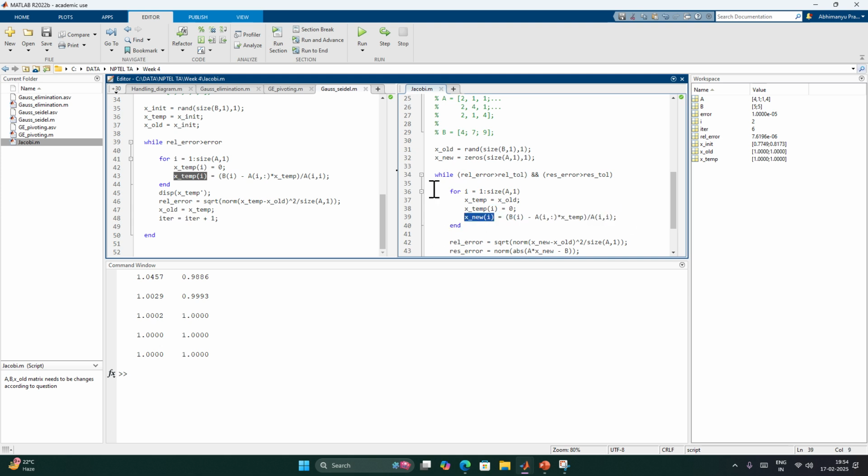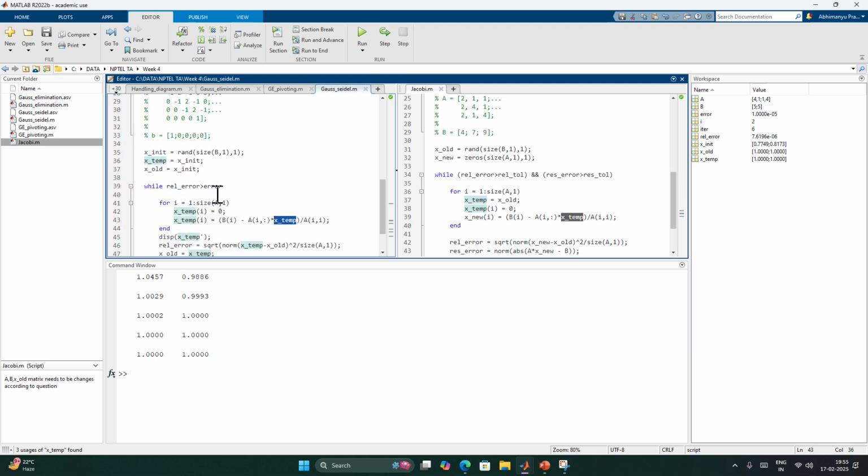So for the next iteration, the older values of x have not changed. It's still the x old value. But in this case, since I'm using the same xtemp for calculations and the same xtemp for updating, for every iteration I'm using the new value of xtemp, right?